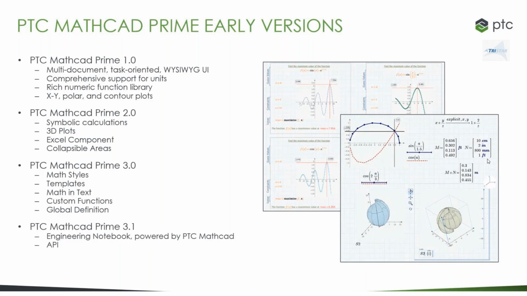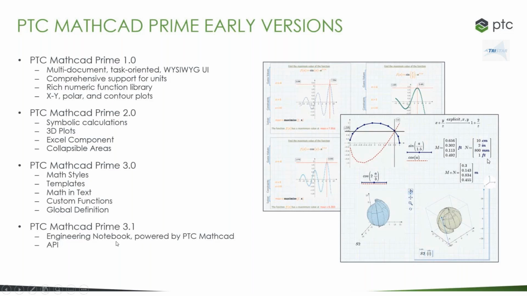Prime 3.0 brought in math styles and templates and math and text, and the ability to bring back the global definition. They brought all that back in. And then 3.1 is where they brought in the API functionality, because that is what the engineering notebook is using.